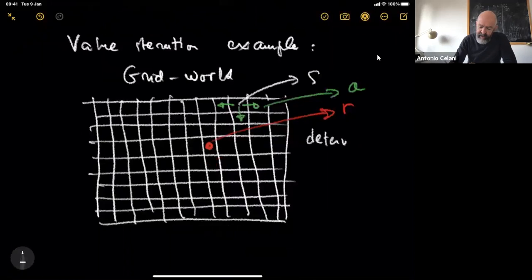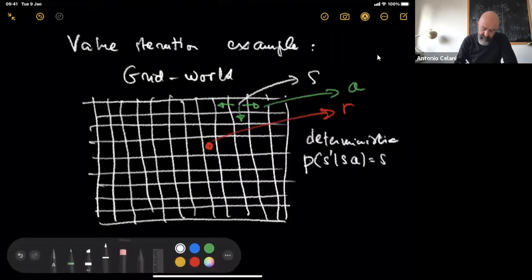the system is deterministic. What does it mean? It means that the probability of being in state S prime, given that I start in state S and I take action A, which is an admissible action, is just, sorry, I should write better here.